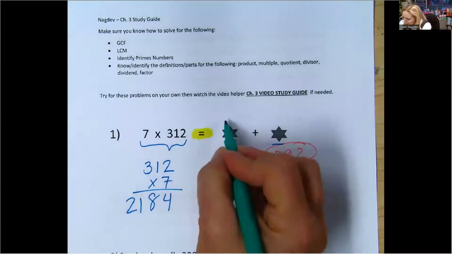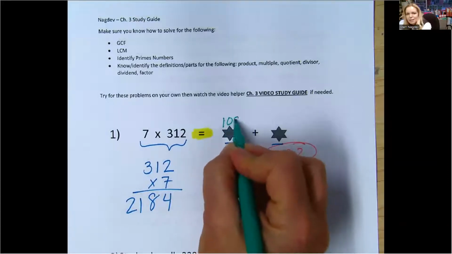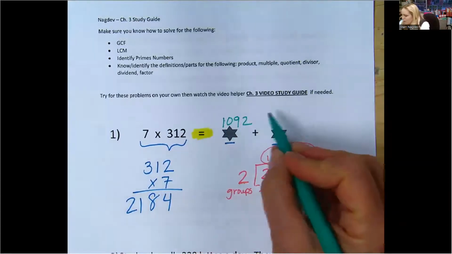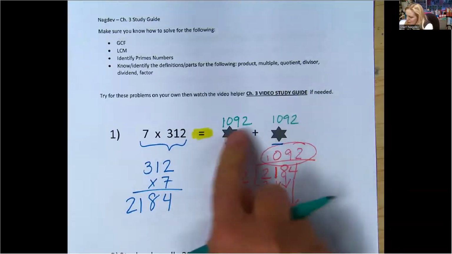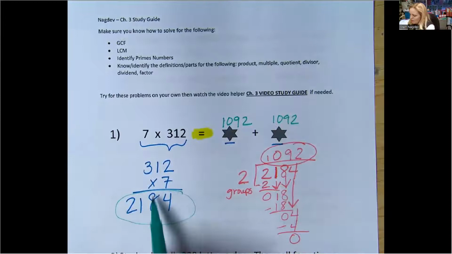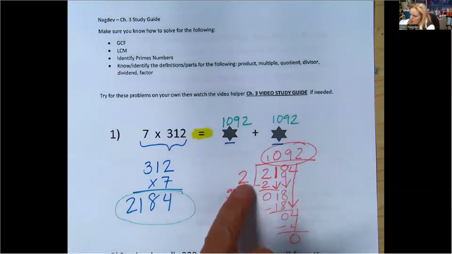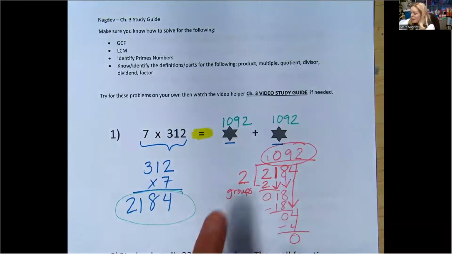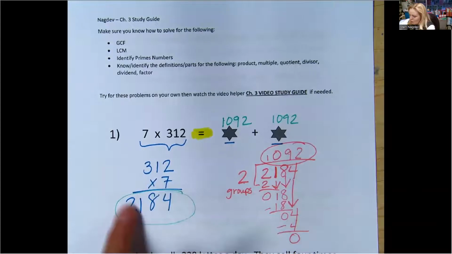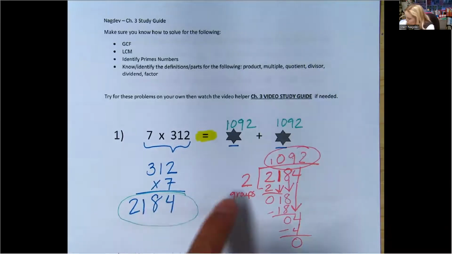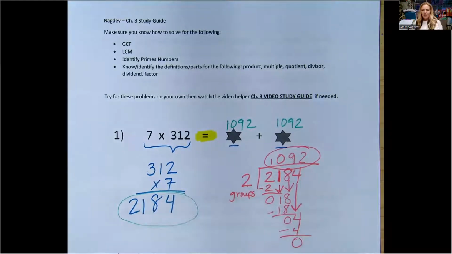That means that this value is 1,092. This value is 1,092. So if I add those together, they should equal 2,184. We needed to use division to break it into two groups. If there were 3 symbols, you'd need to use division to take that total amount and break it into 3 groups. Okay. All right. Next question.